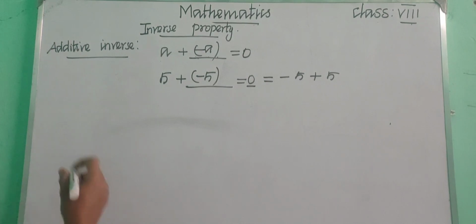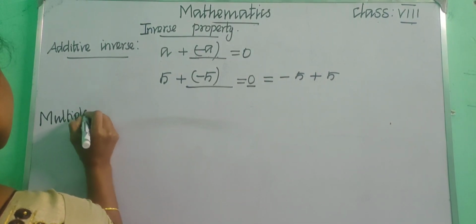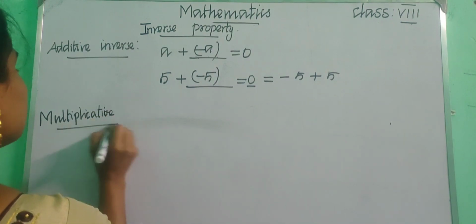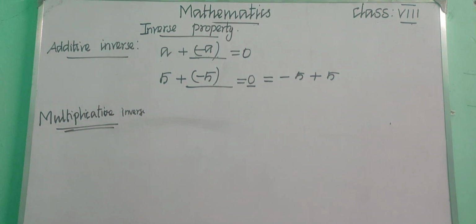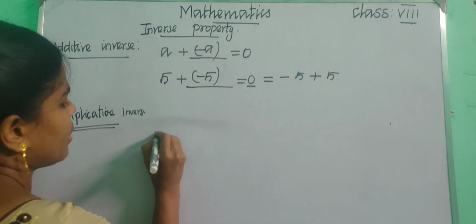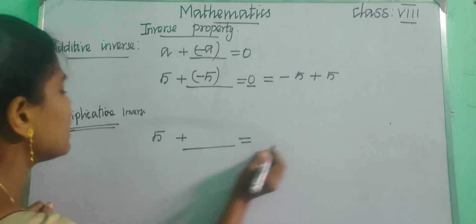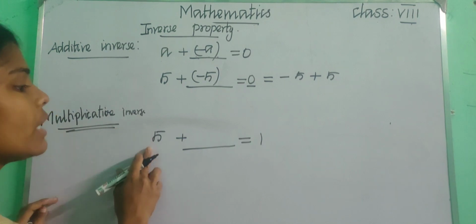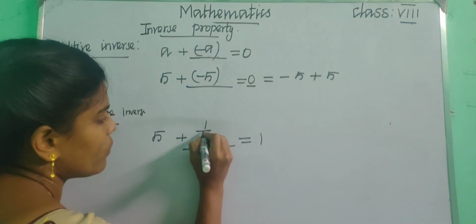Okay, children. So let us see about multiplicative inverse. So what is the multiplicative inverse? Multiplicative inverse means simply, if we are having 5, what will be multiplied with this 5 to get the multiplicative identity 1? 1 upon 5, right?